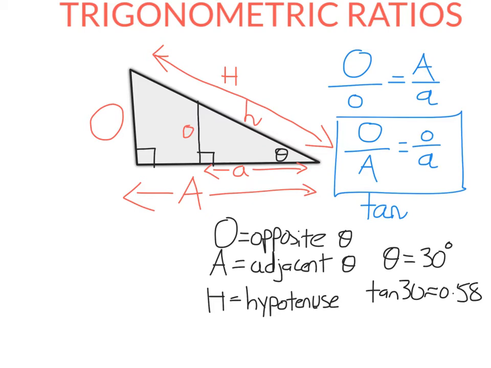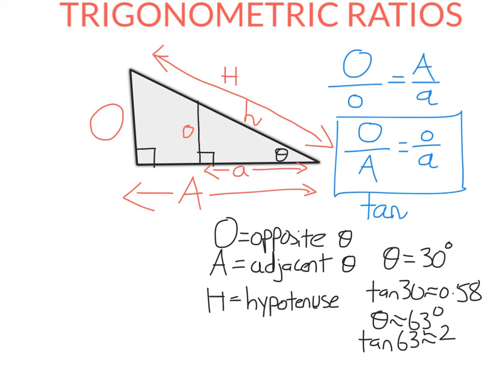So if this angle were 30 degrees, this side here would be about 58% of this side here. If theta is about 63 degrees, then the tan ratio of 63 degrees is approximately 2. Then this side here would be double this side here.